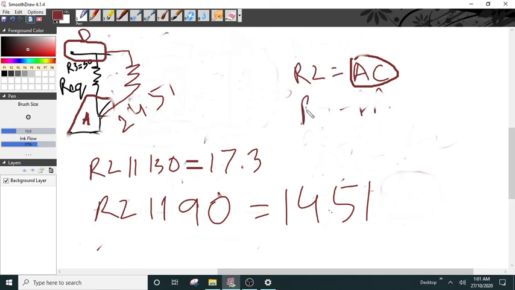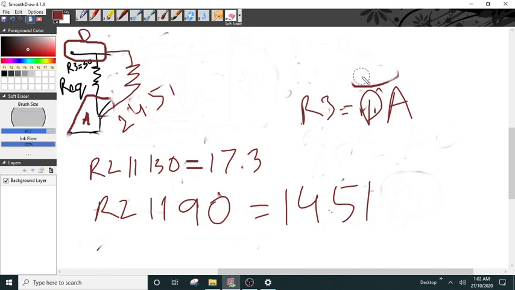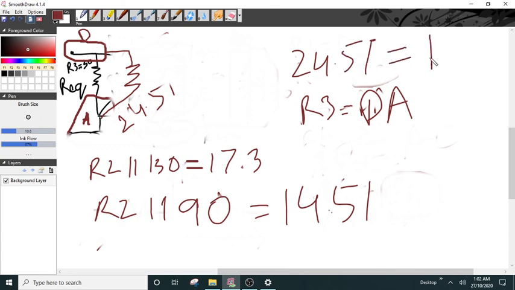R3, I didn't change, so R3 is still in between DA, and only R1 and R2 are replaced with 24.51. So we just have to write 24.51, and it is between DA.